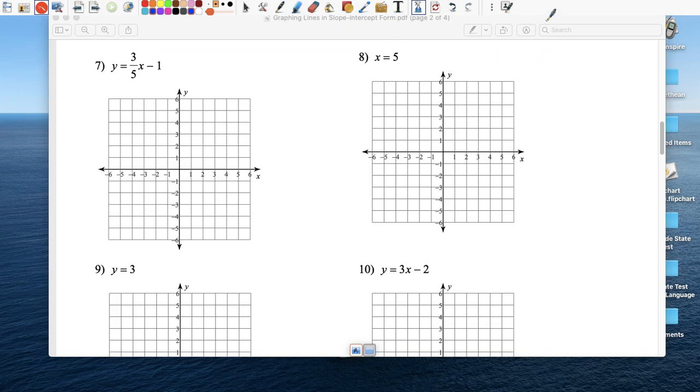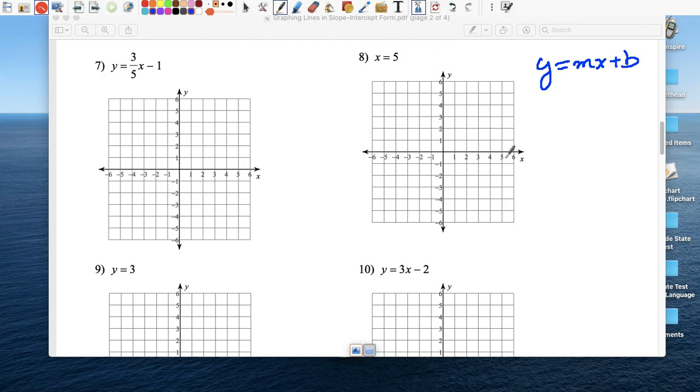So think about this. y equals mx plus b. Let's try to find a line where every x value equals 5.